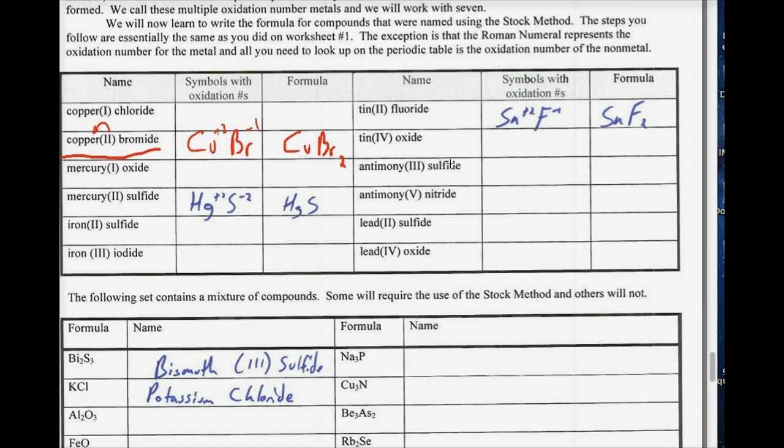We'll just do one more. Antimony. What antimony am I talking about? Talking about antimony +3. Why do I know that? Because it says Roman numeral 3. Sulfide, -2. Takes a small bit of thought here. Where's my lowest common multiple between a 3 and a 2? We're going to meet at 6.